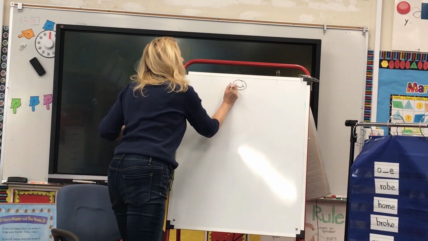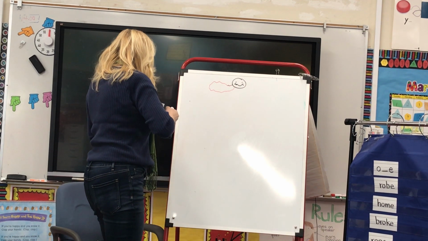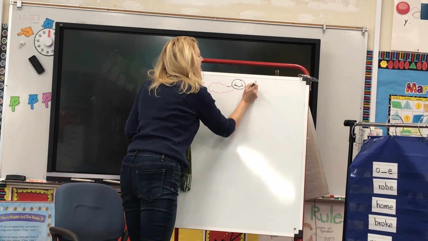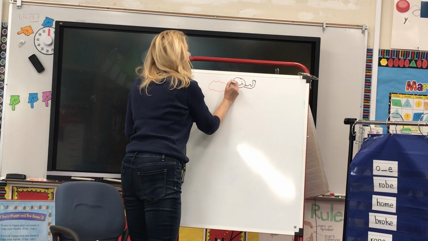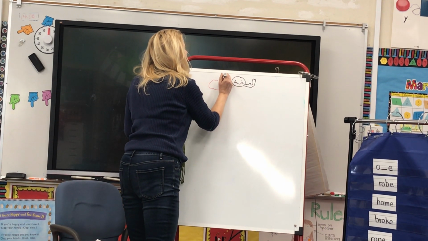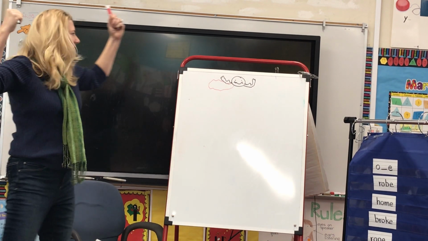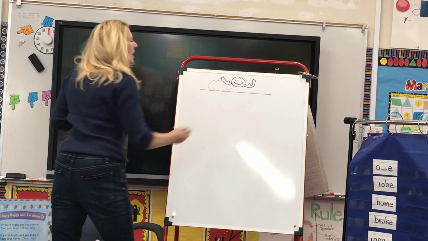And I'm just going to have that cape flowing behind him. And of course he's extremely powerful, so we might want to show some muscles here. There's his muscle. Maybe one over here. And he's showing off that he is superhero O. And that is the title of our art project.